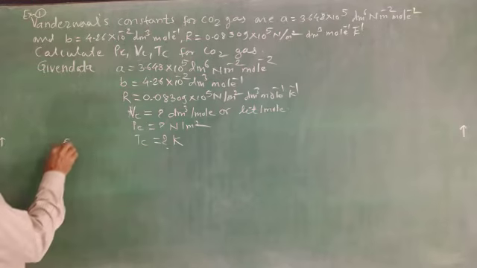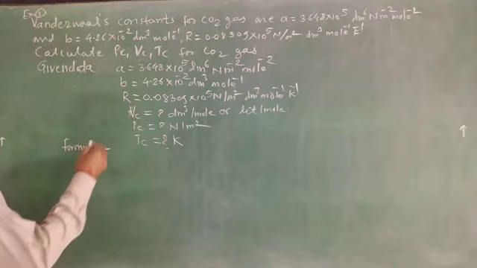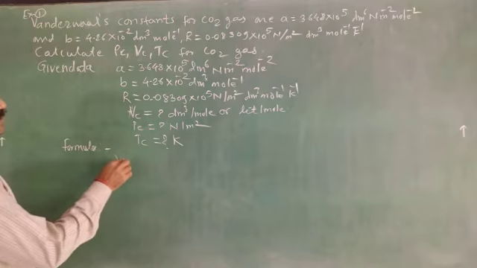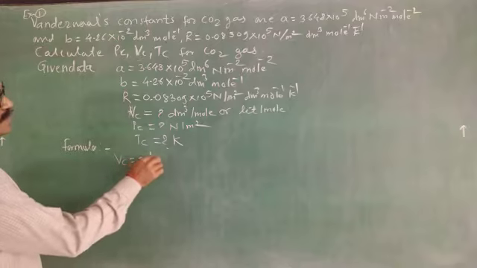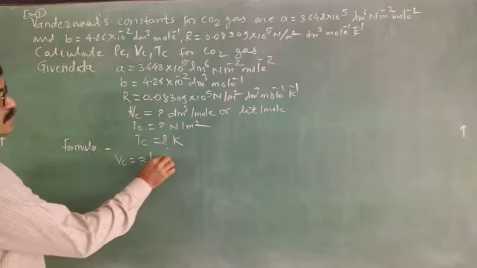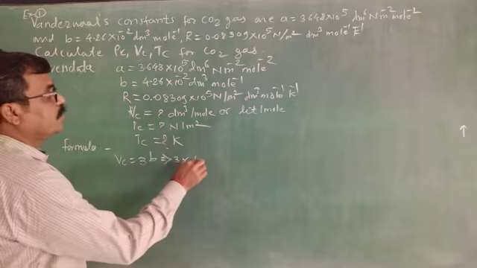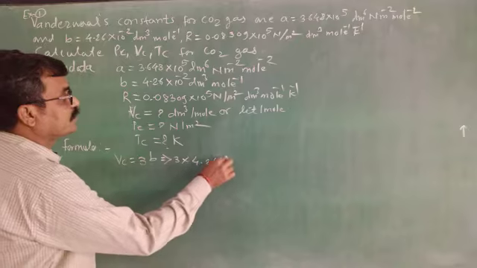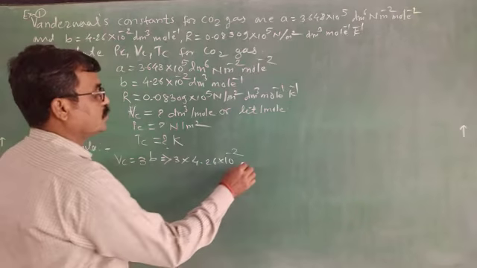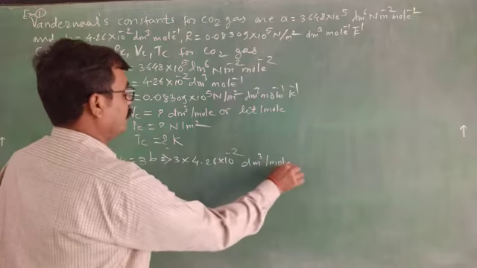Firstly, our first formula for VC is, you know, VC is equal to thrice b, that is 3 into b. What is the value of b? 4.26 into 10 raised to power minus 2 dm cube per mole.